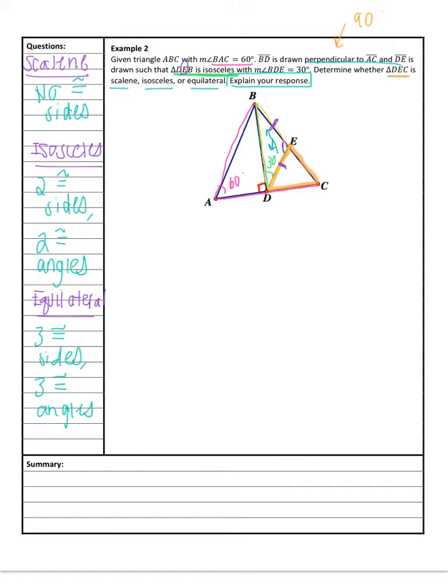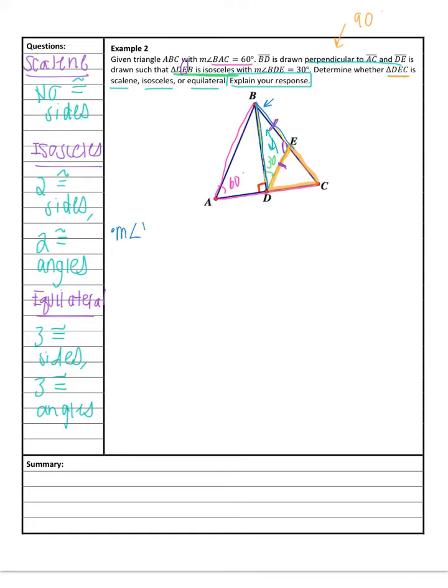All right. So that would mean that the measure of angle, now I can't call this up here angle B because it's just the right side of B. I'm not talking about all of angle B. So I have to use my three letters and make sure B is in the middle. And I'm going to call that angle DBE. If you want to call it EBD, that's also correct.